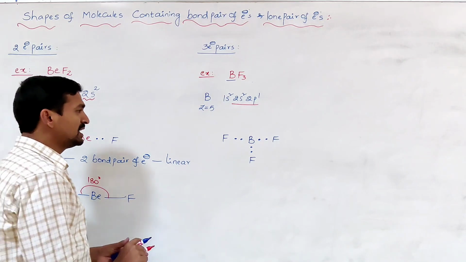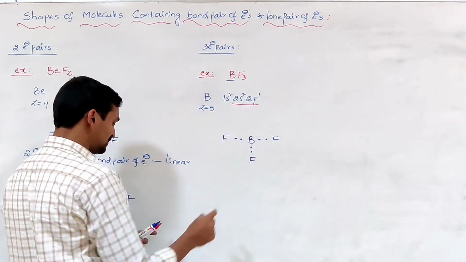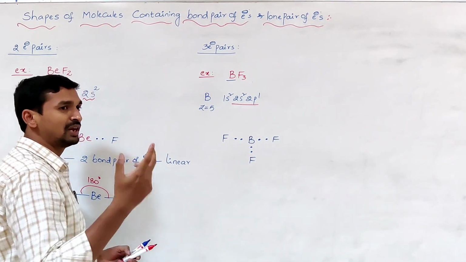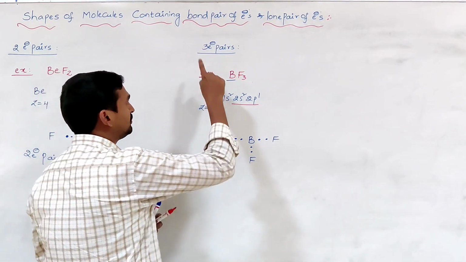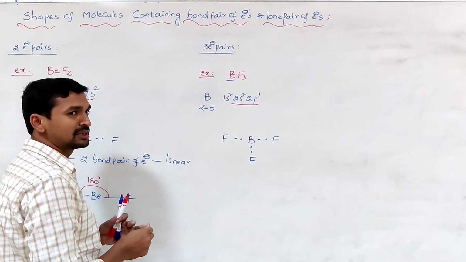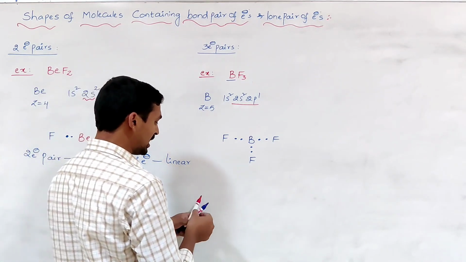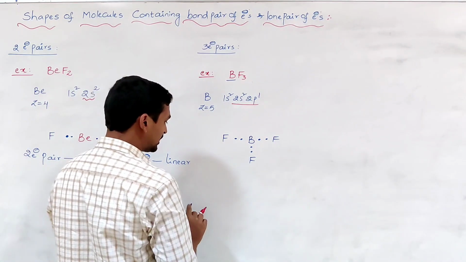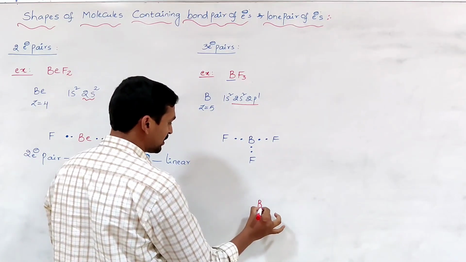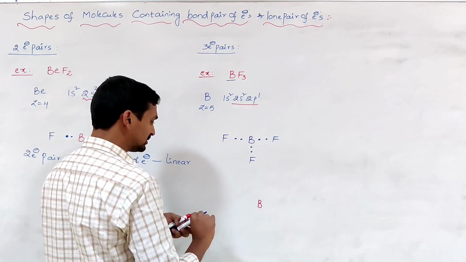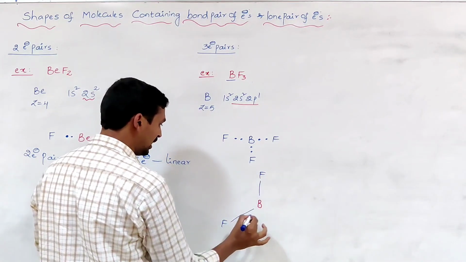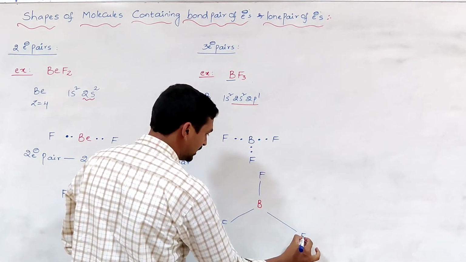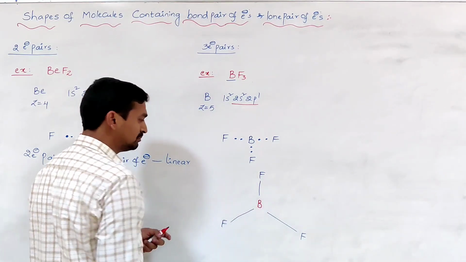While arranging these electron pairs, the 3 bond pairs around the central atom, as you know very well according to valence shell electron pair repulsion theory, if the 3 electron pairs are bond pairs, the molecule adopts trigonal planar geometry. The 3 atoms, fluorine, fluorine and fluorine, are connected to the central atom boron.